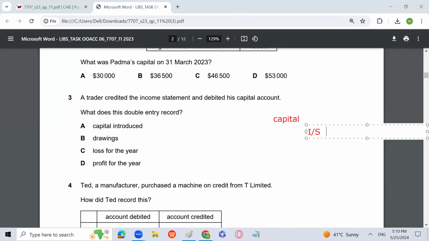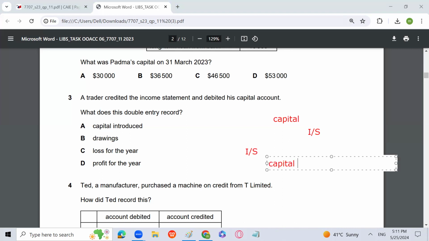If there is profit, it means that income is more than expense, so the income statement has a credit balance. When we transfer profit into capital, the entry will be income statement debit and capital credit. Why? Because profit from the income statement is transferred to the capital account.